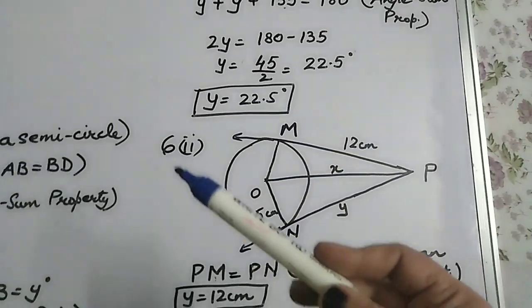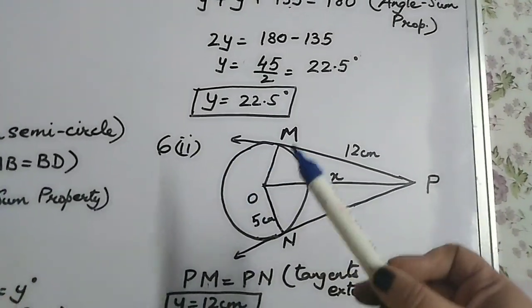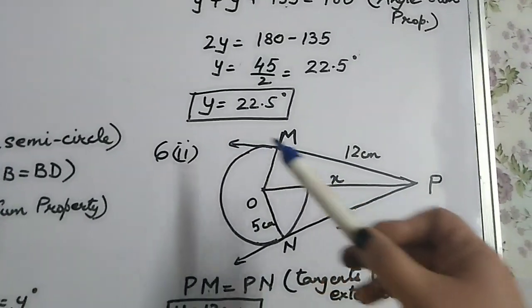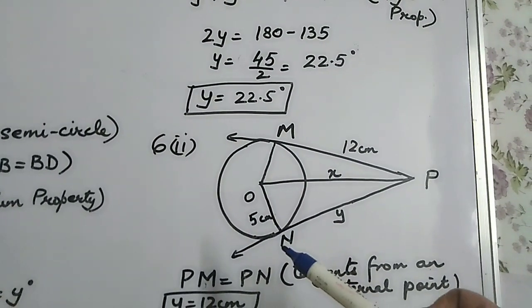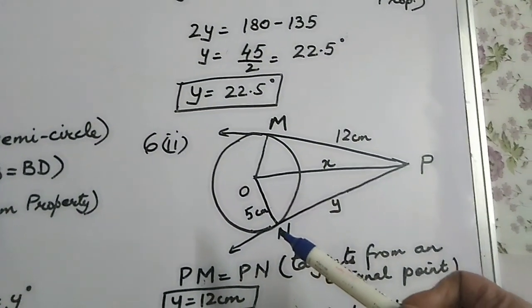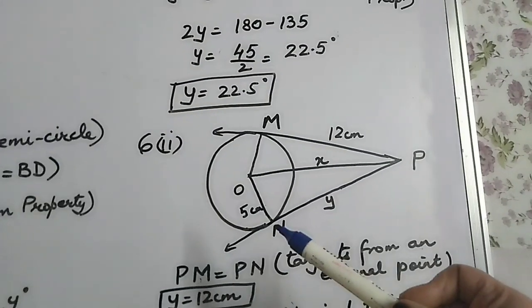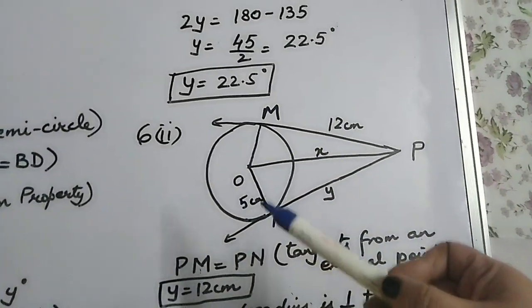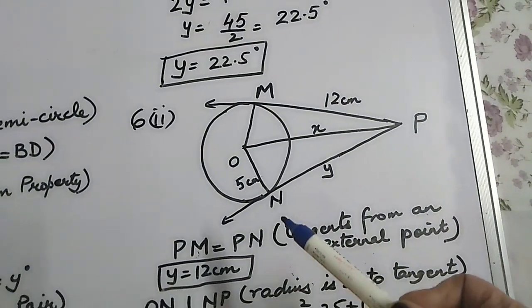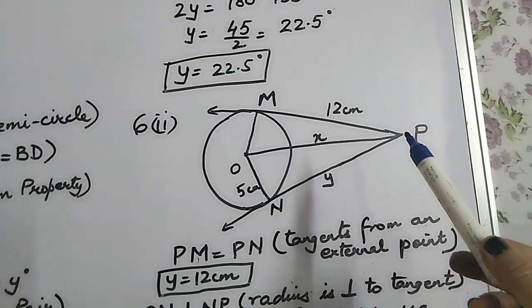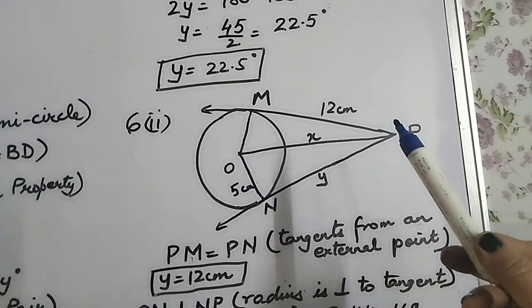Now coming to question number 6, second part, where two tangents are there. Again, this was not named. I have given the names M and N, and it is important to give the names. Otherwise, it's very difficult. Now, this is one tangent PM. The other tangent is PN. From an external point, if we draw two tangents, what can we say?